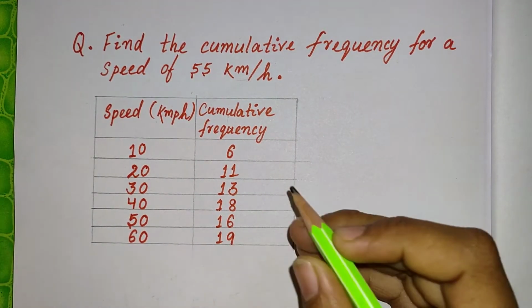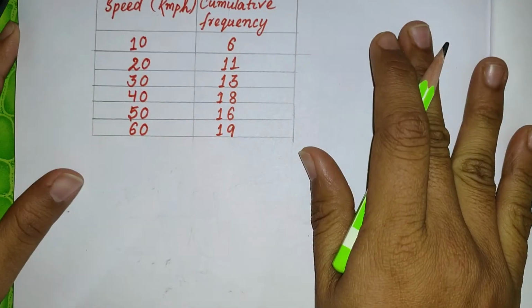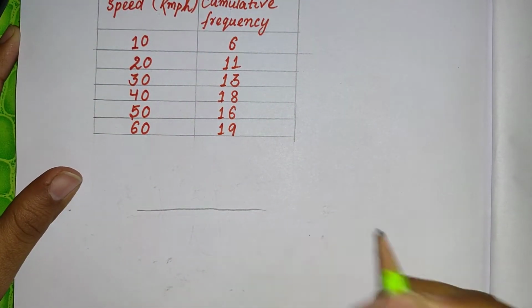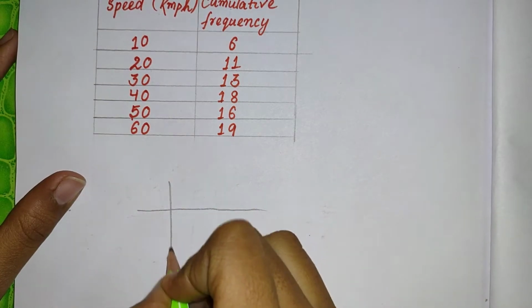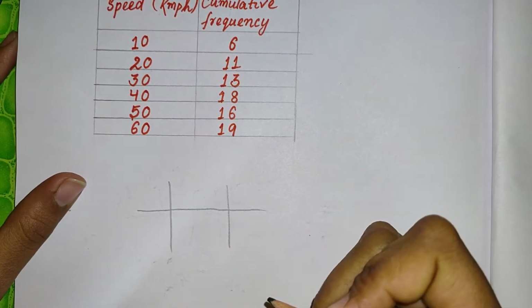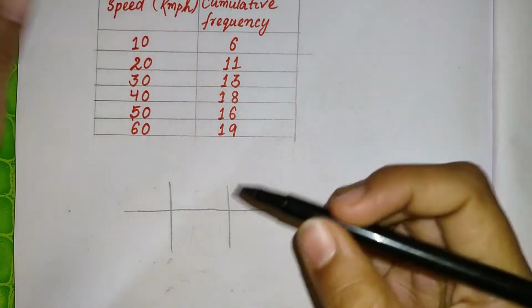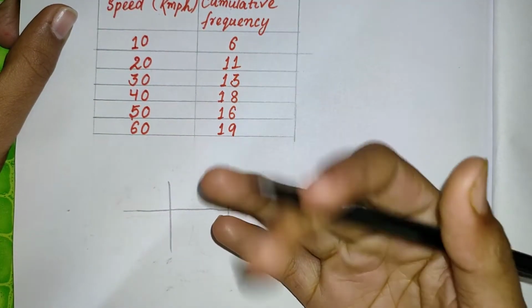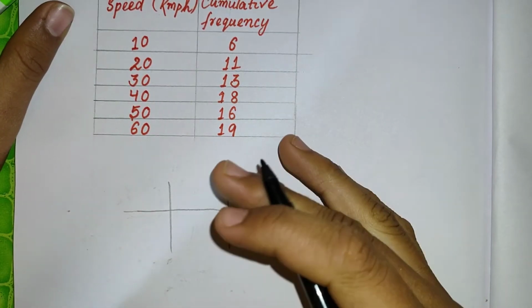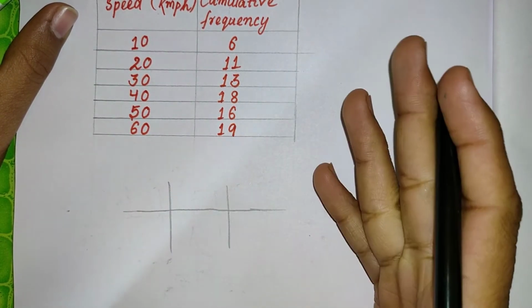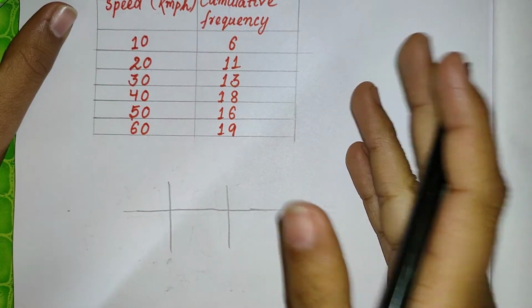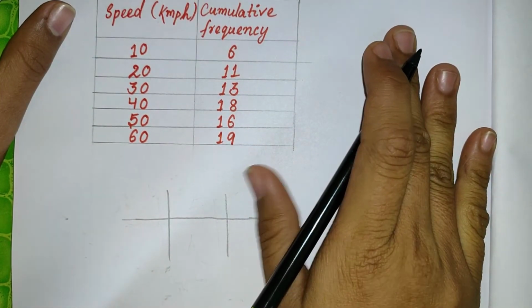What you have to do is draw a horizontal line and within it draw two vertical lines. In between these two vertical lines, you have to write the value which is given and the corresponding value that you have to find.